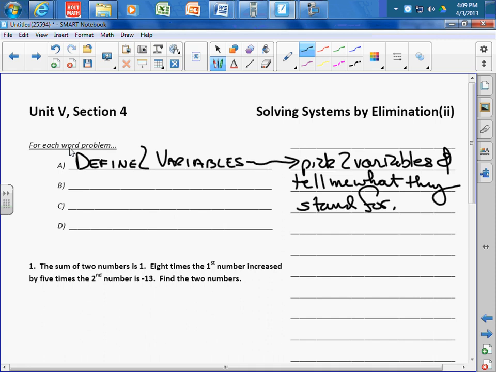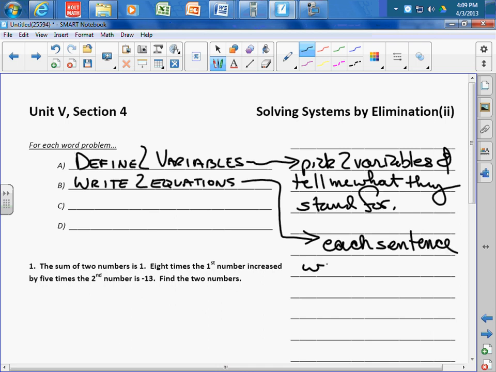Then you're going to write two equations. How are you going to do that? Well, each sentence, remember this? Each sentence will give you an equation.